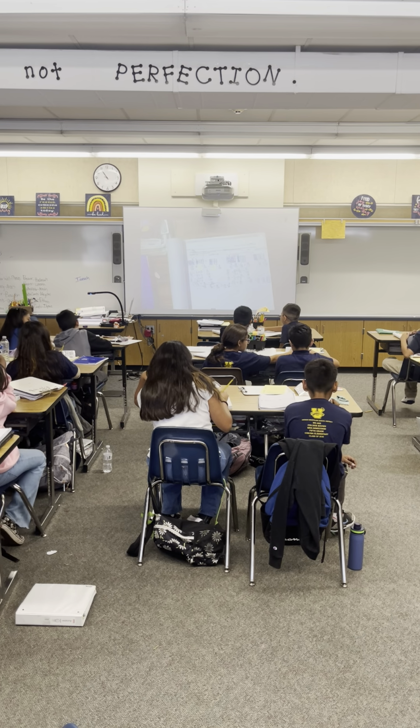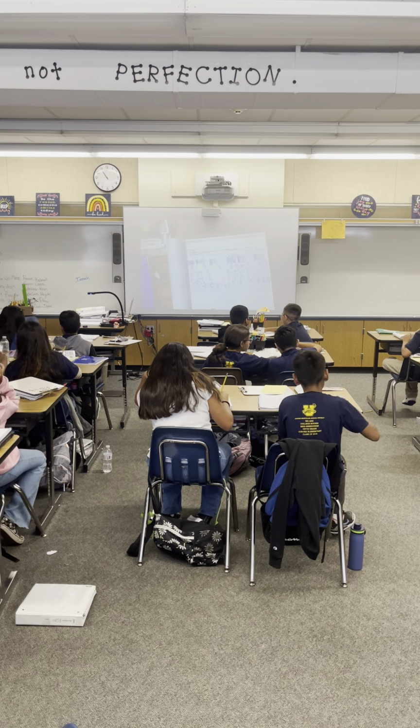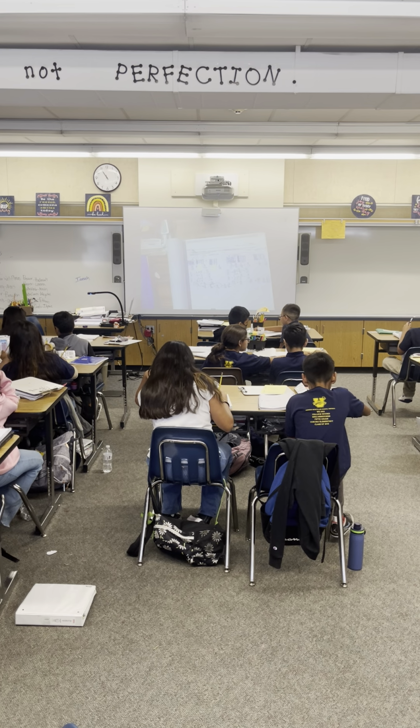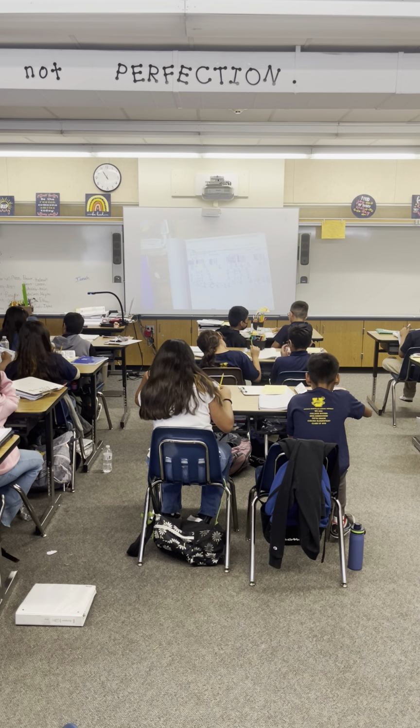Subtract from where? And what do you get when you subtract 2 tenths minus 5 tenths? And then what do you do with this here?